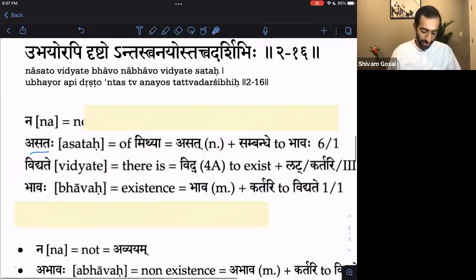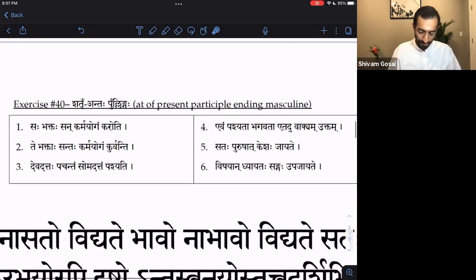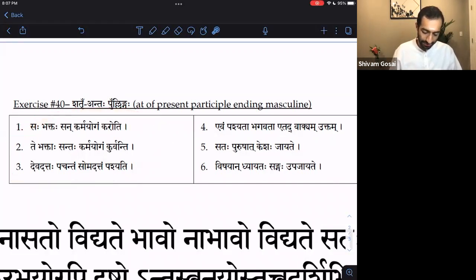So the homework for this is this exercise number 40. We'll go over these as well in our next class. Because it's a little bit peculiar how to translate these. But just for example, I know we're out of time, but Bhaktaha son.